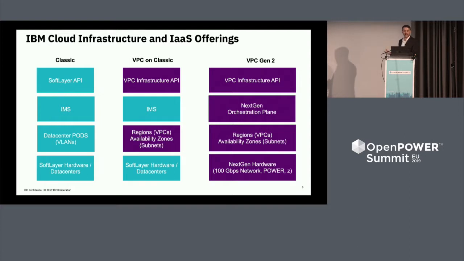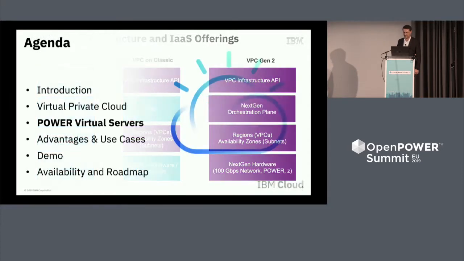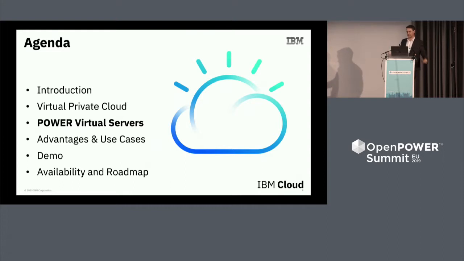And then the right-hand side is our full next-gen stack. That's got the revamped hardware stack in it, which includes x86. And then shortly, when we have the Power AC922s, they will be in there too with 100 gigabit network, et cetera. Z would be a future thing for the Z platform.